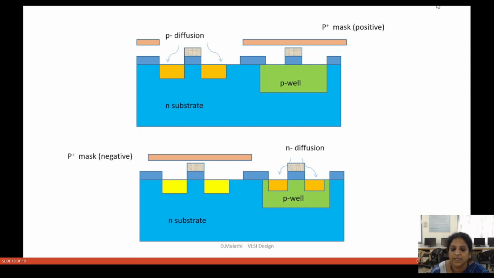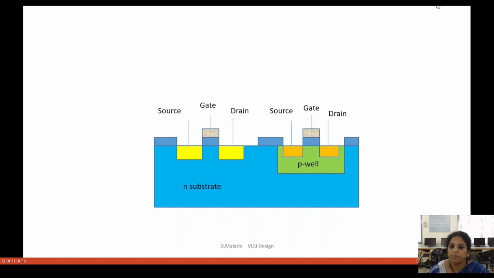The P plus mask negative is used to mask the N substrate region, and N-type material is diffused to form the source and drain. So at last, in the P-well we have 2 heavily doped N plus regions for the formation of source and drain, and in the N-type substrate we have 2 heavily doped P plus regions for the formation of source and drain. And this is the P-well CMOS inverter.